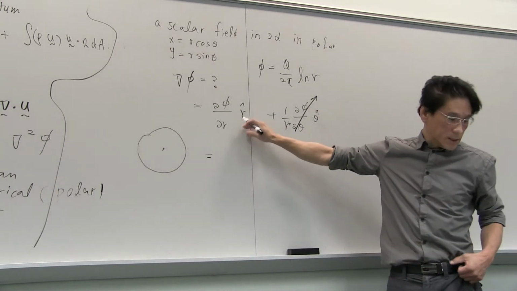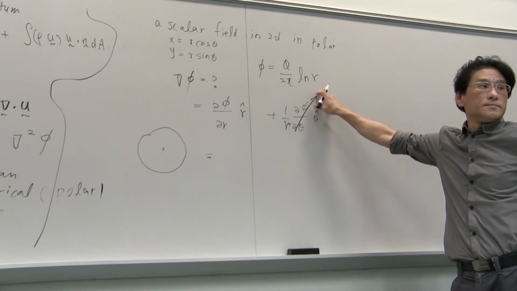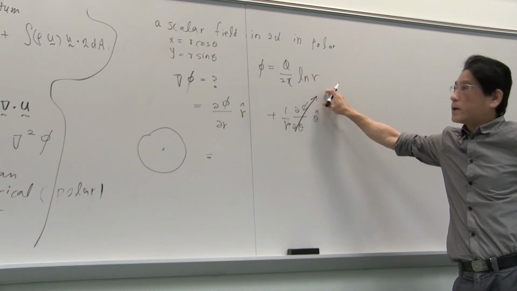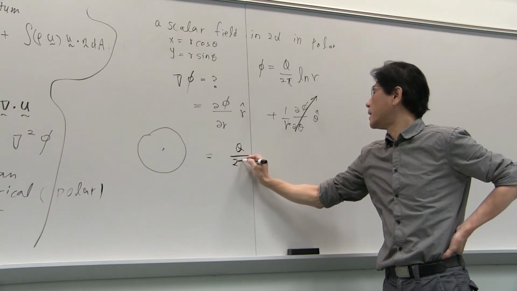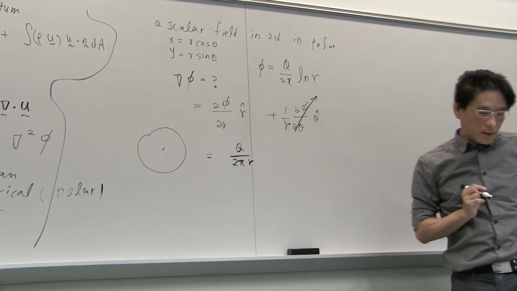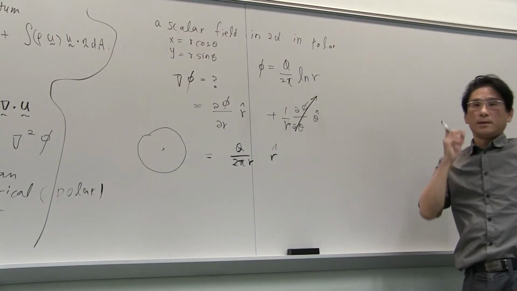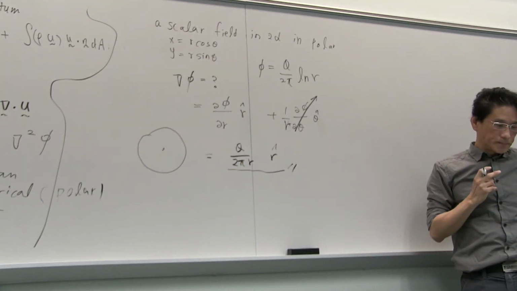So only this term remains. Log r differentiated gives 1 over r, so this should be q over 2 pi r in the r direction. This should be the answer for this first problem.